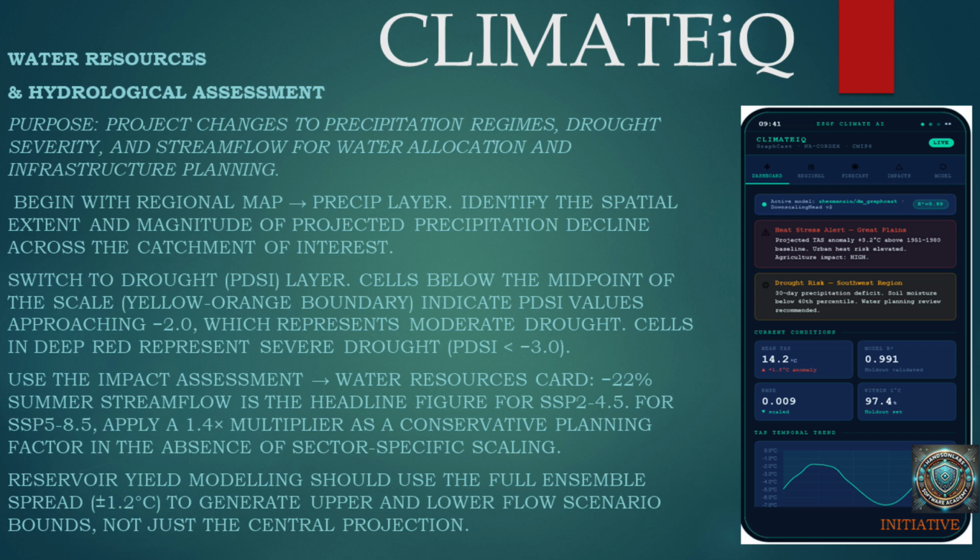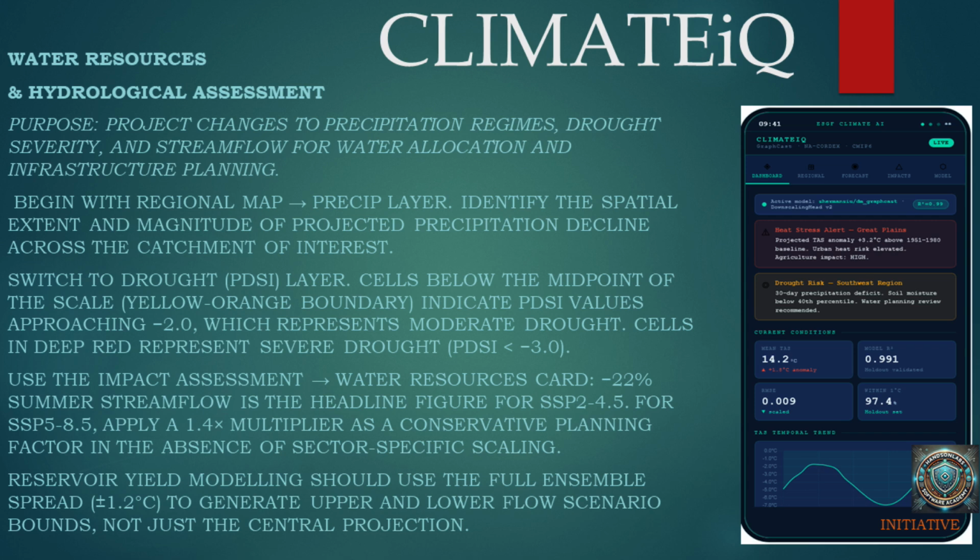Switch to the drought PDSI layer: cells below the midpoint of the scale, the yellow-orange boundary, indicate PDSI values approaching minus 2.0, which represent moderate drought. Cells in deep red represent severe drought, that's PDSI less than minus 3.